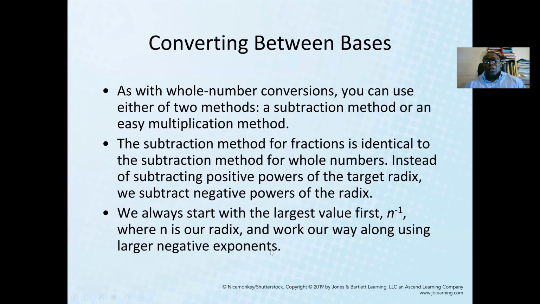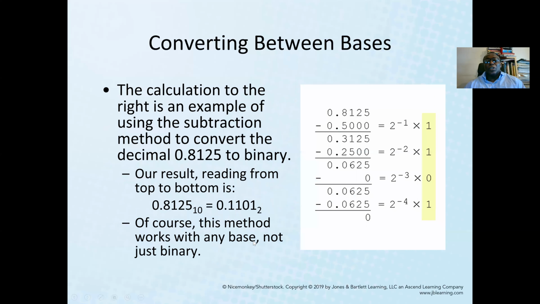So we see how we can convert between bases. There are 2 methods. We can use division, division with remainders, or we can use the subtraction method. And also, this is the example for the decimal point, not the decimal number system, that's decimal point.